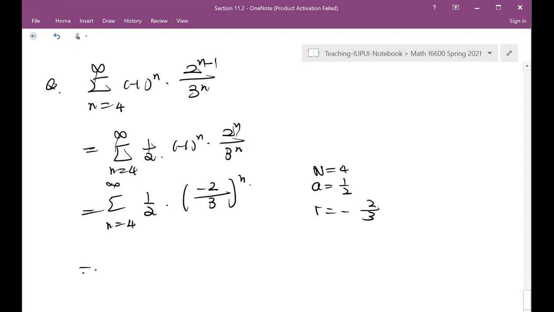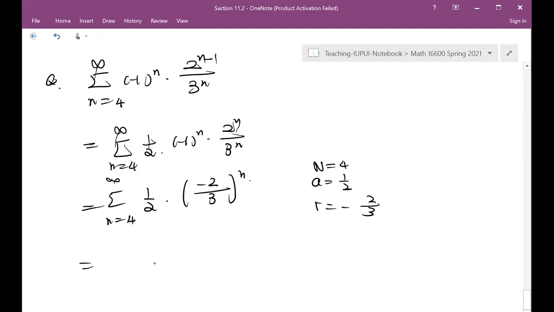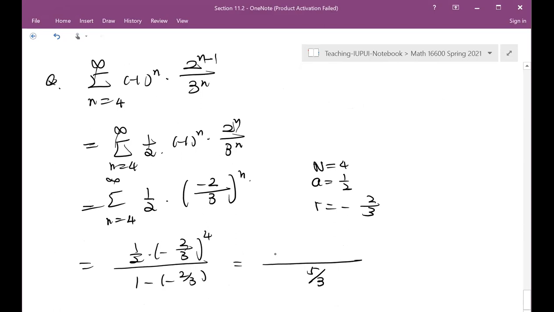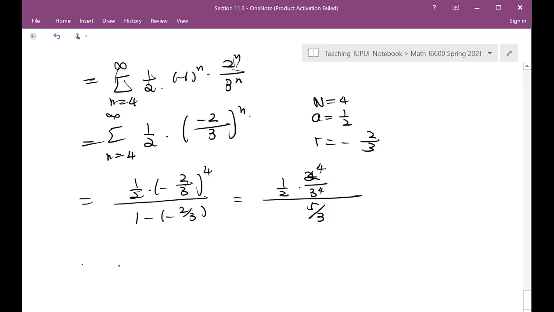So this is going to be A, the first term, which is 1/2. Just write down the first term and divide by 1 minus R. So that's simplified. This will be 5 over 3, and this will be 1/2, with 2 to the 4th power over 3 to the 4th. So we have to simplify.